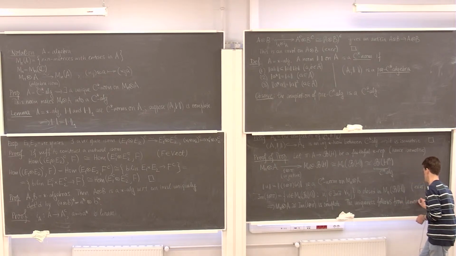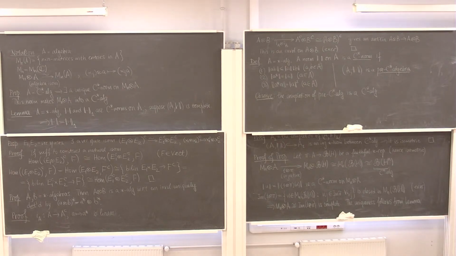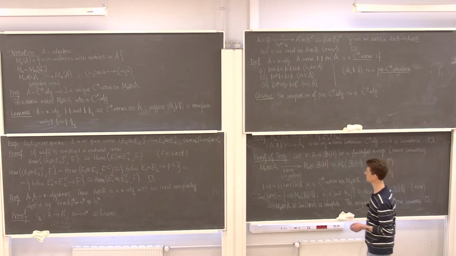We already constructed a C-star norm such that our algebra is complete with respect to it, and so the lemma implies that such a norm is unique. Now this completes the proof.